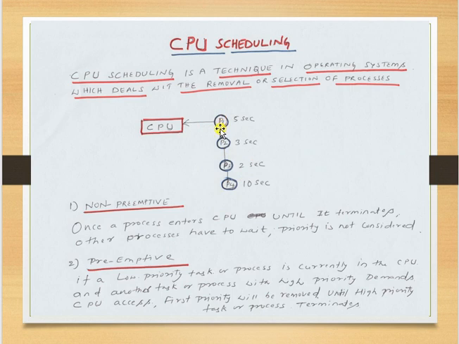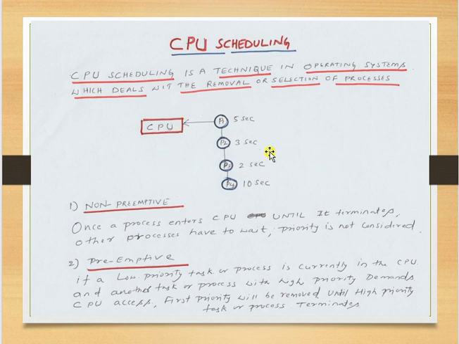Initially, the P1 process is being executed by the central processing unit. On the right side I have mentioned the 5 seconds P1 is going to take, 3 seconds P2 is going to take, 2 seconds P3 takes, and 10 seconds P4 takes. The mechanism is basically that the CPU gives attention to the process for the execution.